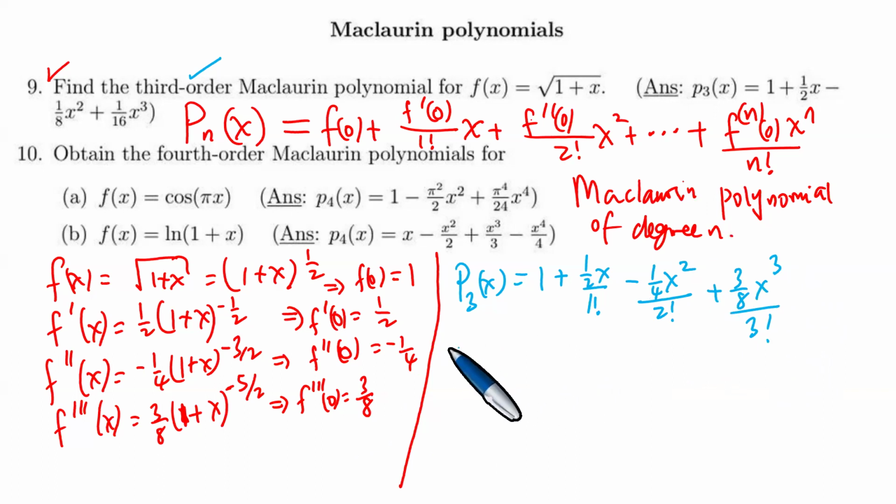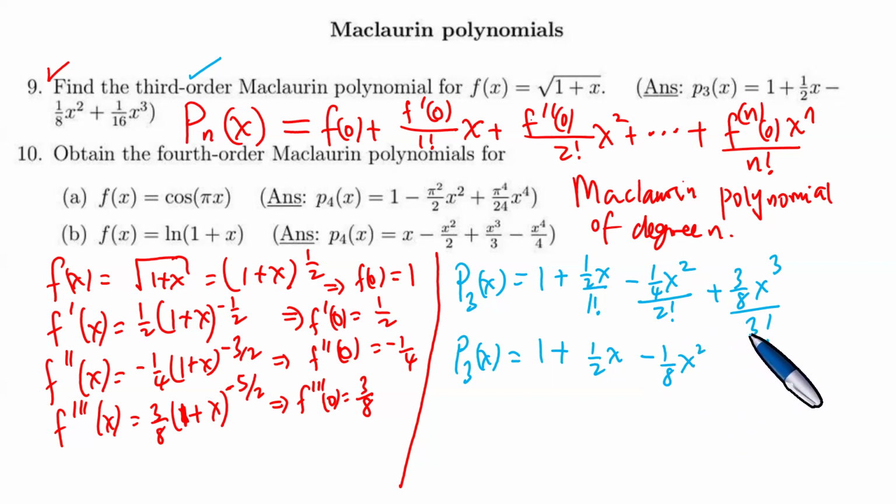Okay, so you need to simplify this one. P3 of x: 1. You divide by the 1 factorial, which is just 1, so this is x. And then now you come to this: 4 times 2, 8, x squared.